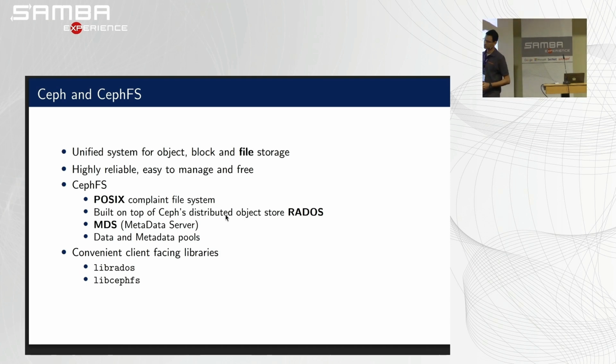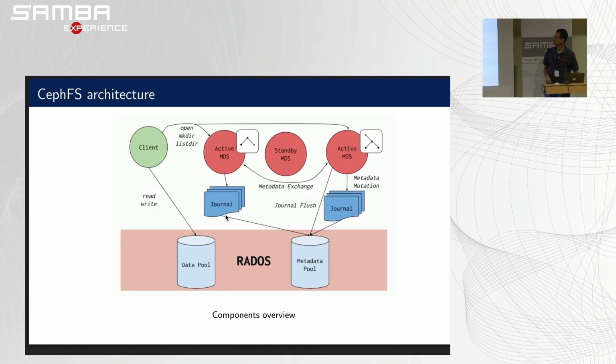There is also a librados library to directly access the RADOS pool, and this is particularly used with the CTDB log helper that I think Martin mentioned in yesterday's talk. We had some improvements in that area also. We use librados to directly put the cluster log file in the RADOS pool and access it. But now we will be looking at libcephfs and what it contains.